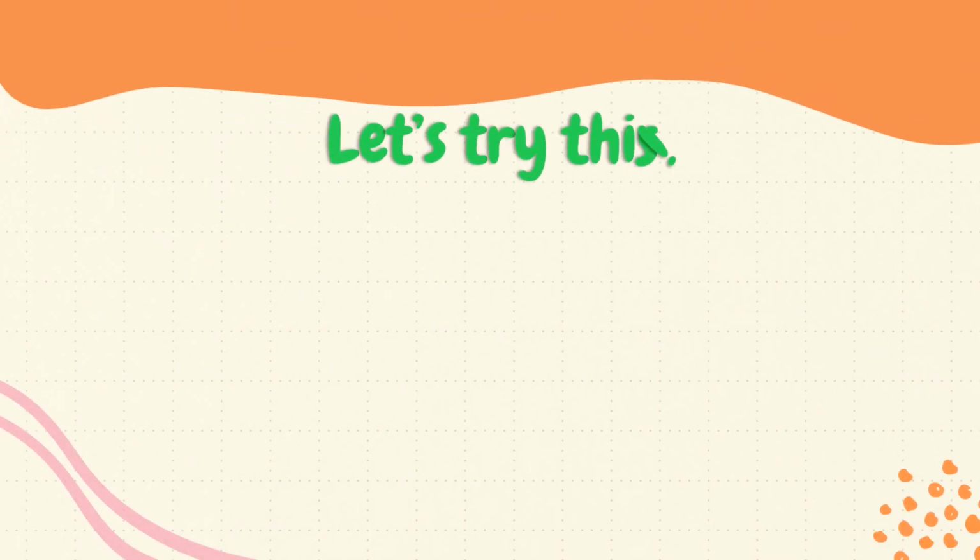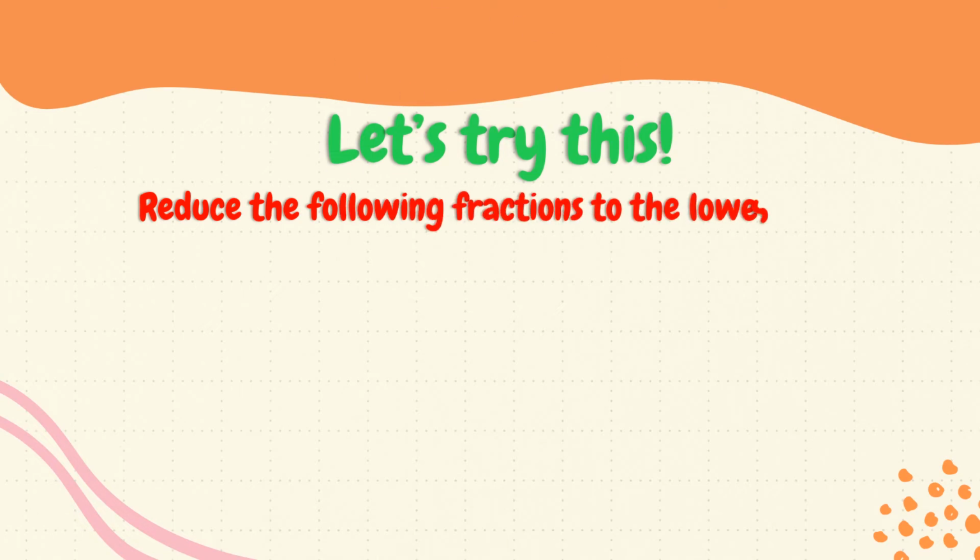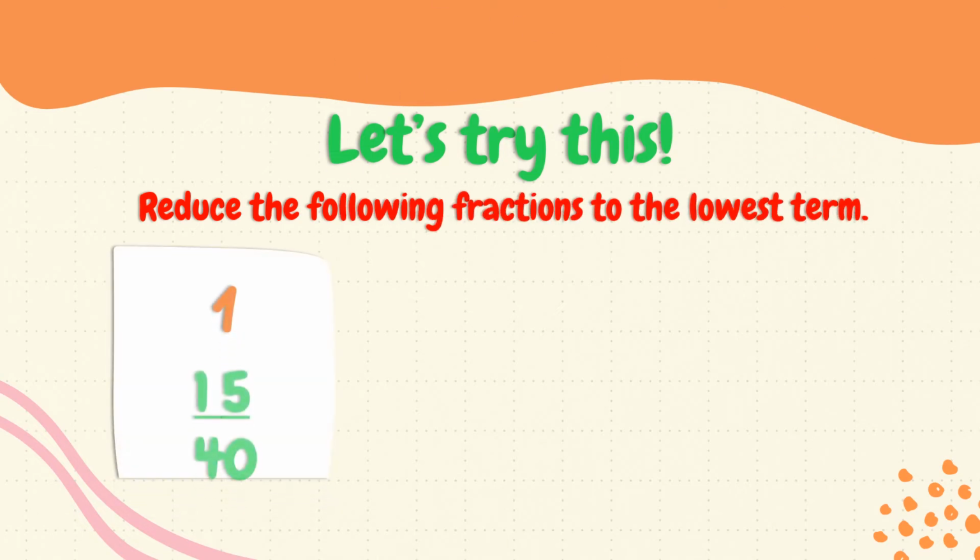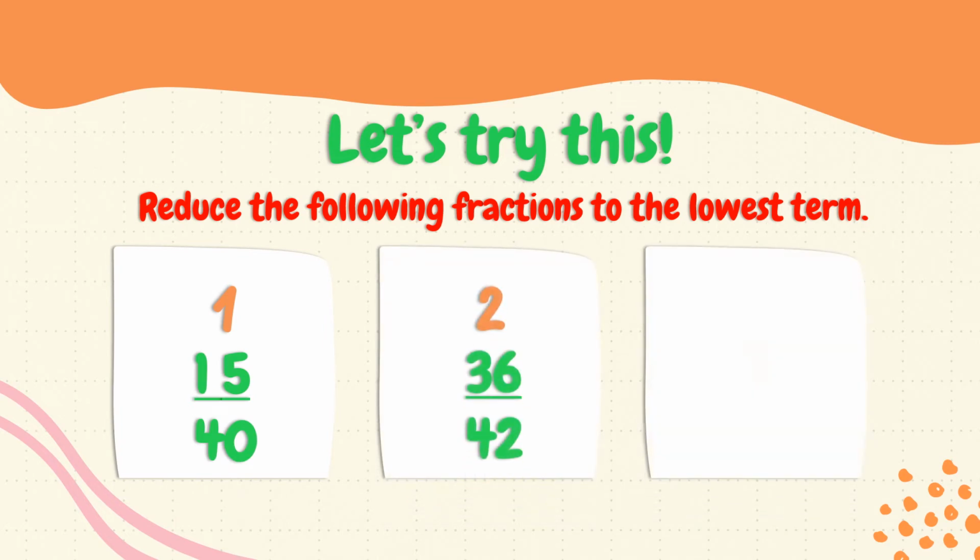Now it's your turn. Let's find out the lowest term of the following fractions. Number 1, 15 over 40. Number 2, 36 over 42. And number 3, 48 over 72.